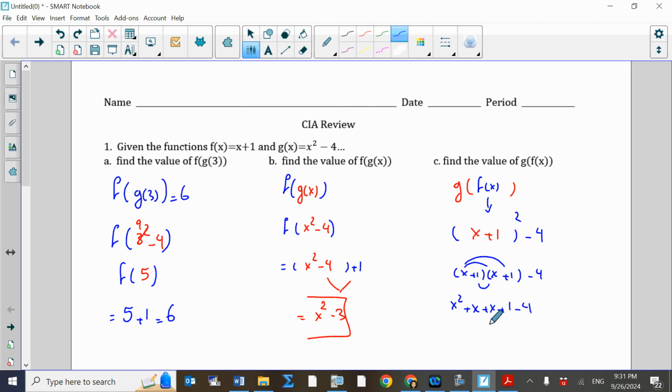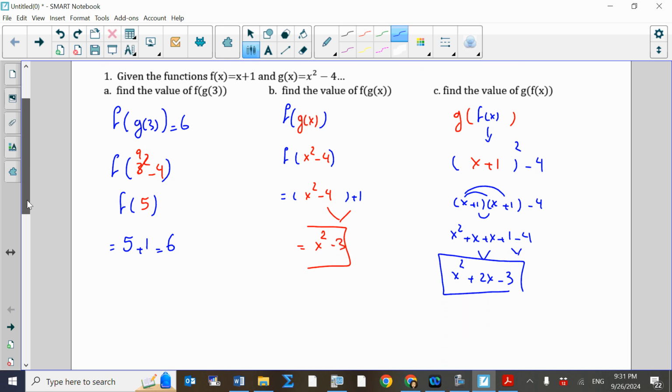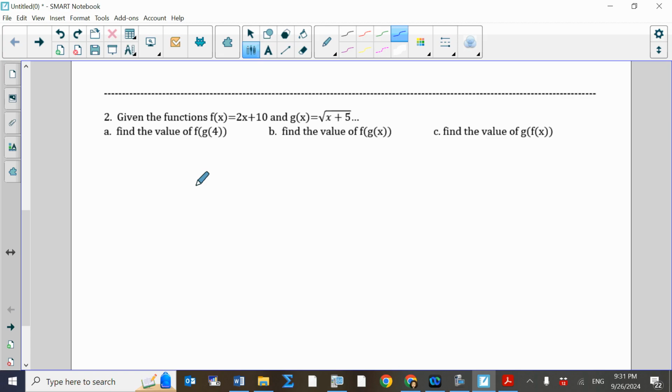Now combine the like terms. X and x are like terms. 1 and negative 4 are like terms. So we have x squared plus 2x, and 1 minus 4 is negative 3. So this is the answer. I'm going to leave this one for you to practice.